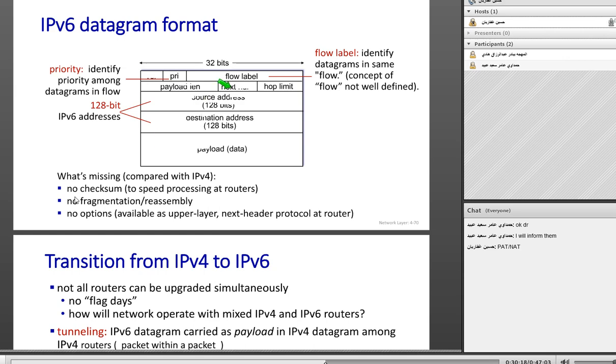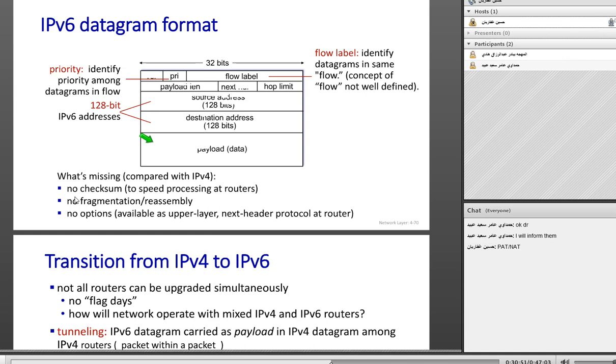Here we have a field, next header. It's a pointer to the content in the payload. Why do we call it next header? For example, in IPv6, I can use IPsec inside IPv6. In IPv4, if I need IPsec, I should run it on a different computer as a different service.